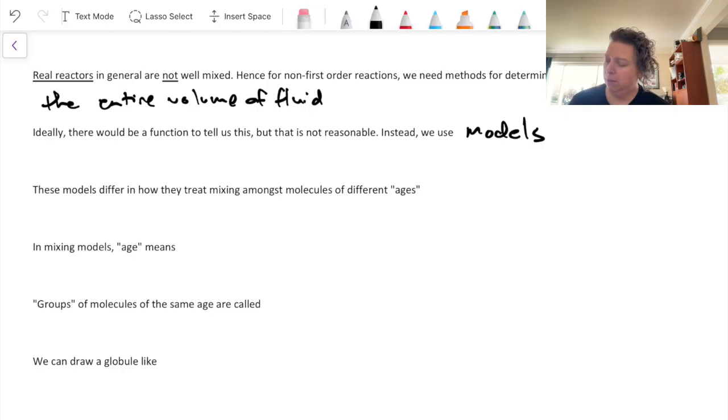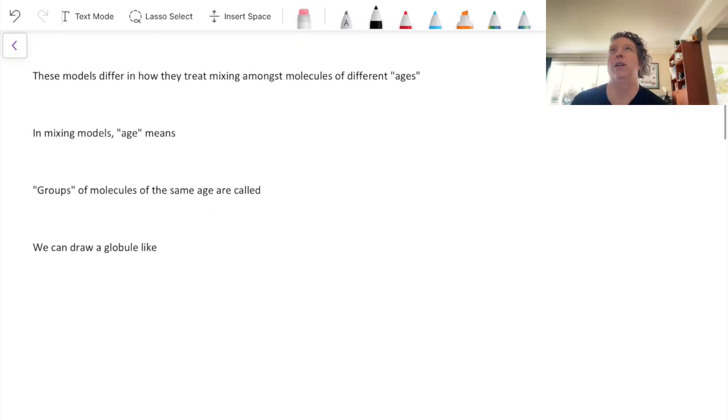The models that have been developed to determine the differences in concentration or the degree of mixing differ in how they treat mixing amongst molecules of different ages. Basically, we're going to think about all of the molecules in the reactor, and we're going to assign them an age associated with how long they've been in the reactor. And again, this is a model.